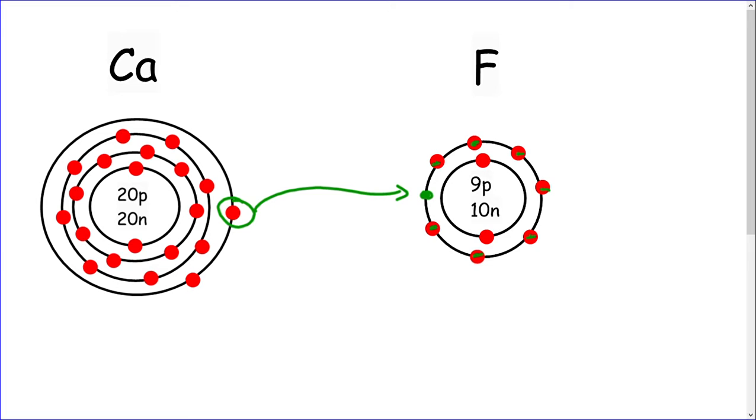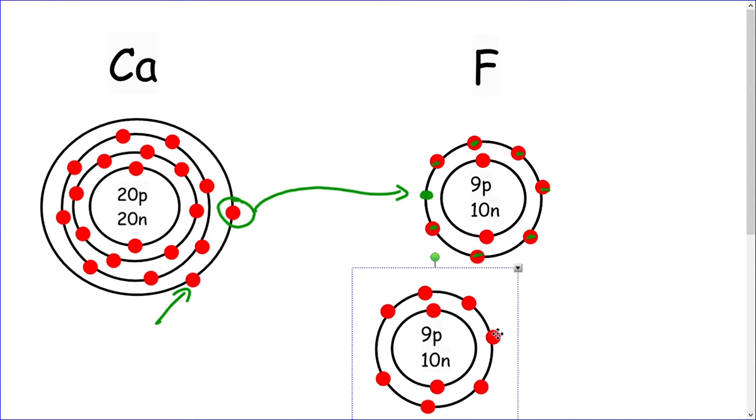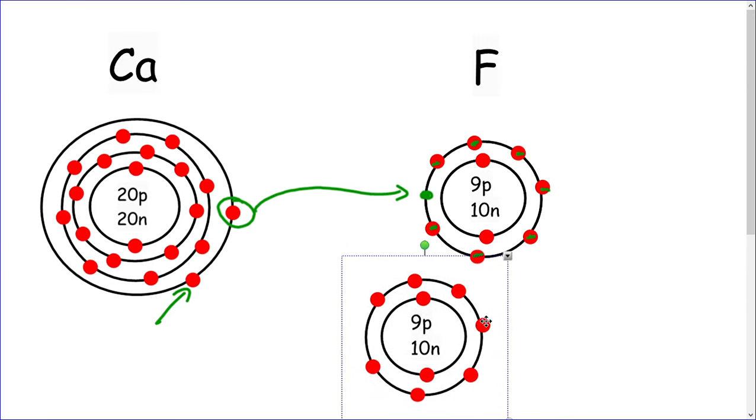This fluorine atom is now stable, so fluorine is good on the right, but on the left I still have this extra electron from calcium. So we start to say, okay, what can we do with that extra electron? Where can it go? The answer is to introduce another fluorine atom into the mix.